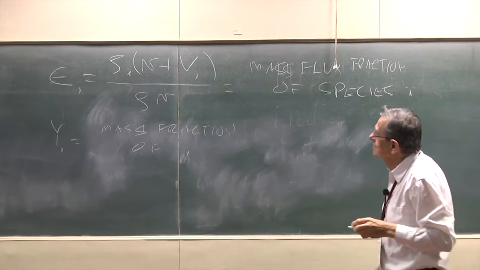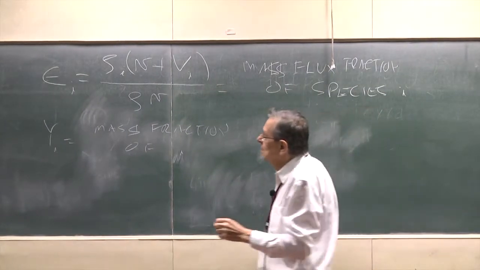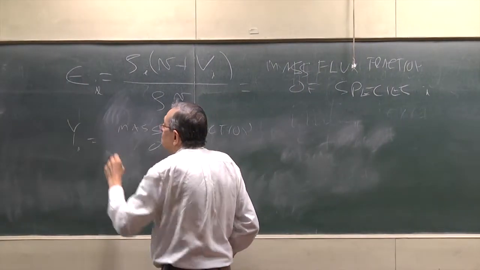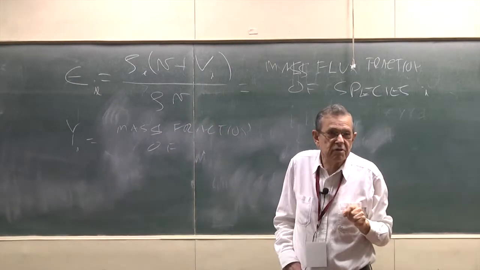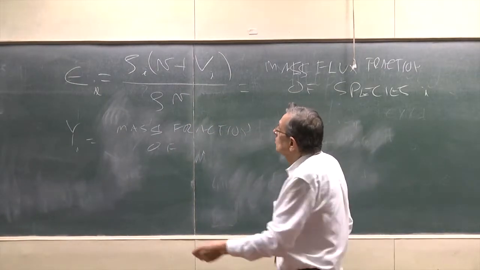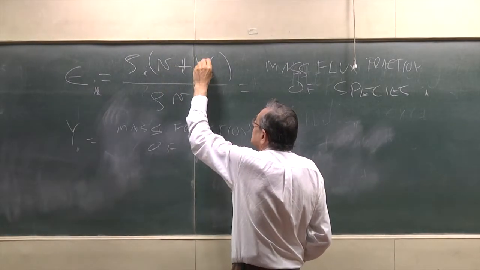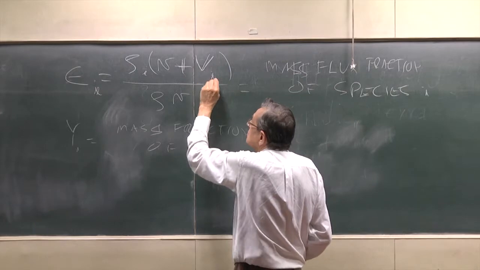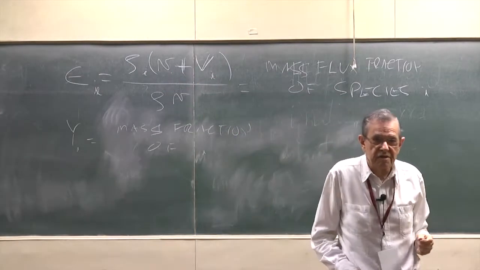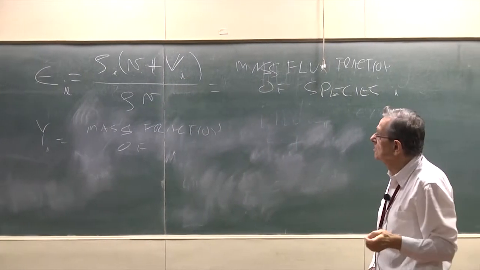People don't usually introduce mass flux fractions, but it's useful because it takes into account the diffusion velocity of the species as well as its convection by the mass average velocity of the mixture.